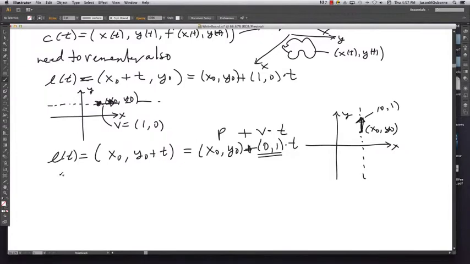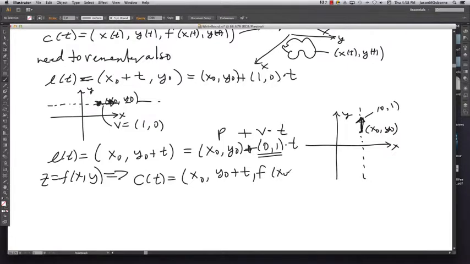So then you know that if you have maybe some z is equal to f of x and y, this is just kind of review at the moment, you should be able to then make a curve c of t to be x0, y0 plus t, f of x0, comma y0 plus t.